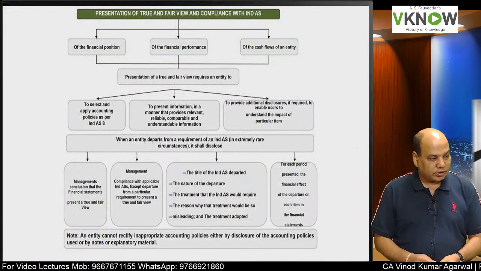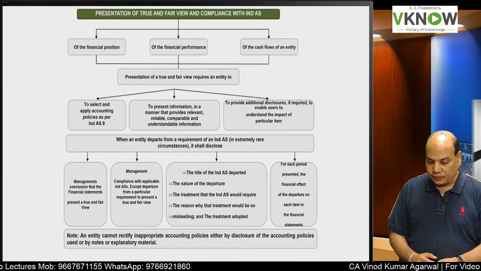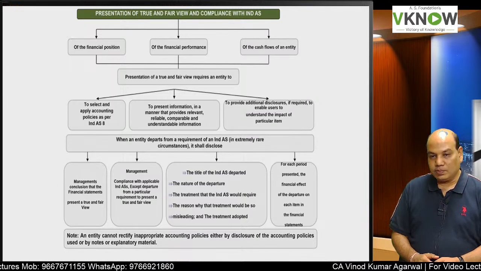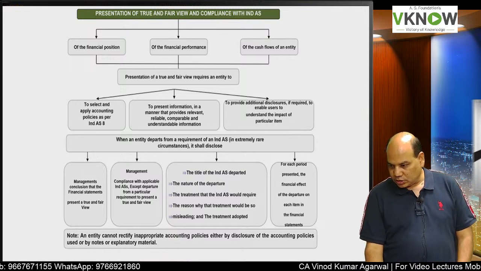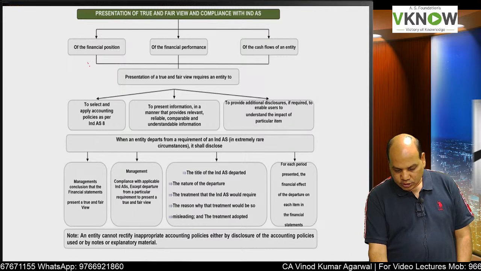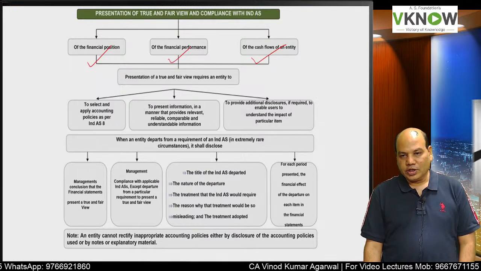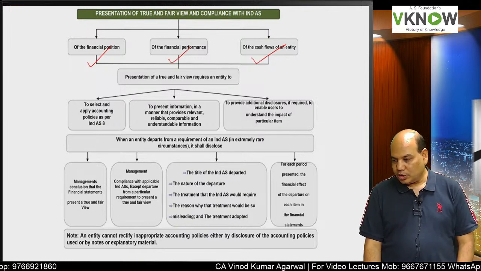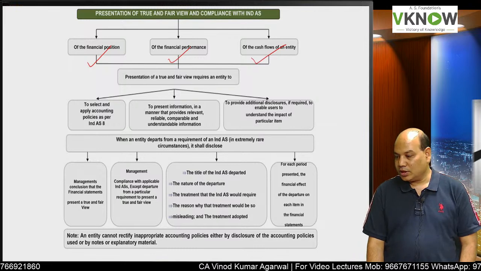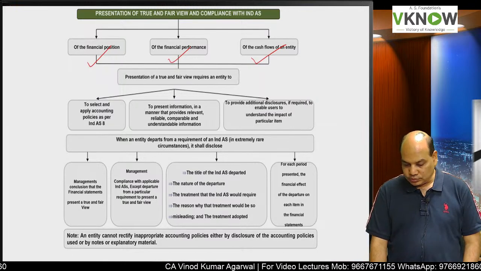So there is a summary of presentation of true and fair view and compliance with Ind AS. Financial statements help us to prepare the statement of financial position, that is balance sheet, statement of financial performance, that is profit and loss, and statement of cash flow.